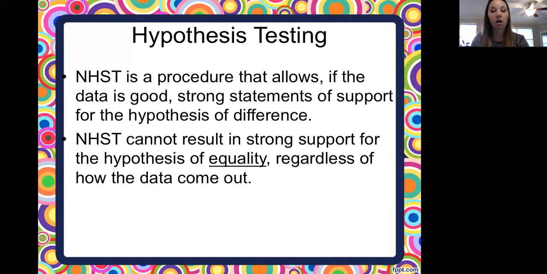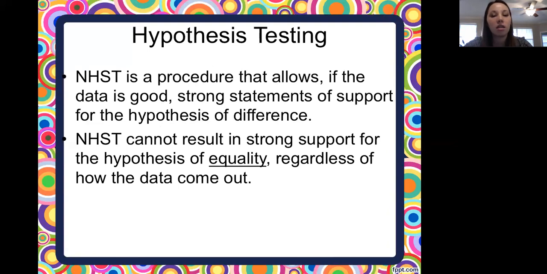So we're saying whether or not it is true or false, whether we want to retain it or reject it. However, if our data is good, in making those claims, we can begin to make assumptions about our hypothesis of difference. So that's basically what this first bullet is saying here.